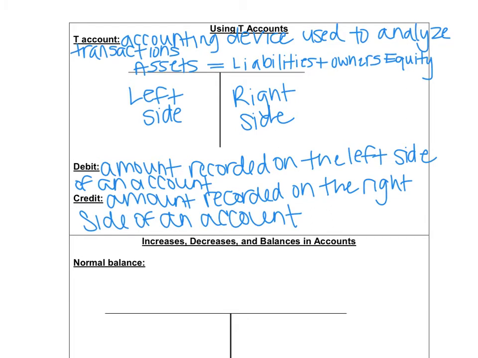So whenever you hear the word debit, you automatically need to think of your assets or the left side of the accounting equation. And we abbreviate debit with the symbol DR. So over here under the left side, I'm going to write DR for debit. And then credit is abbreviated with CR.